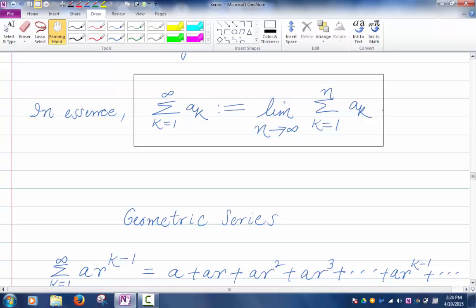If the limit doesn't exist, the series doesn't make sense. If the limit exists as a number, then that's the sum of the series. If the limit is a number, then the infinite sum is defined. If the limit does not exist, then the infinite sum is undefined.